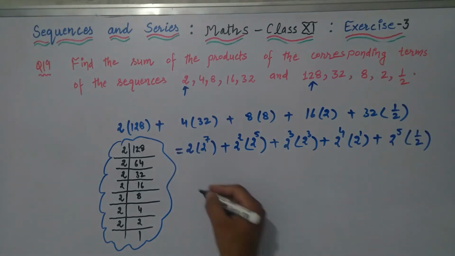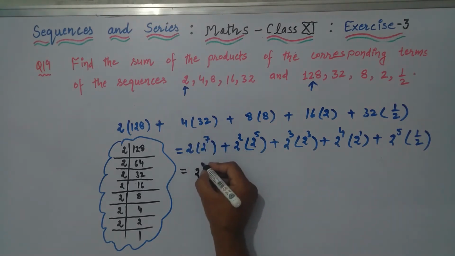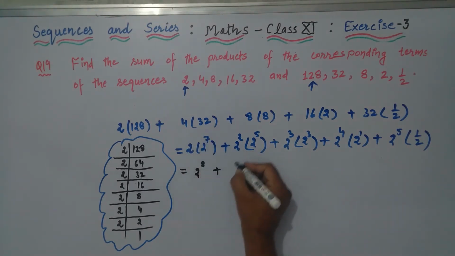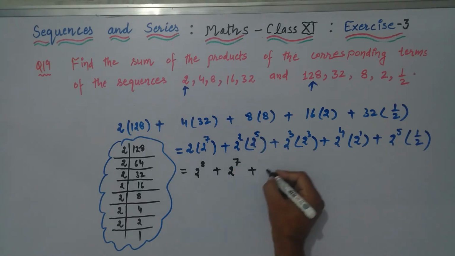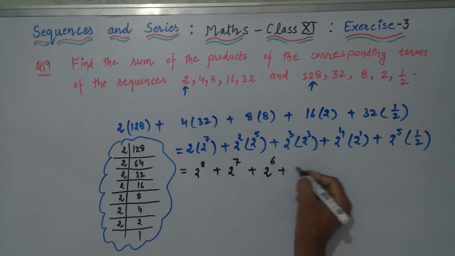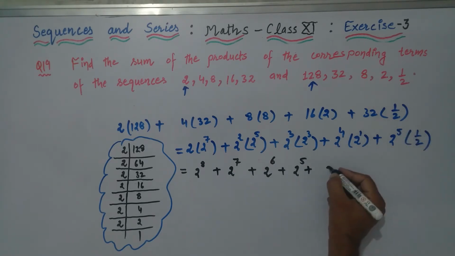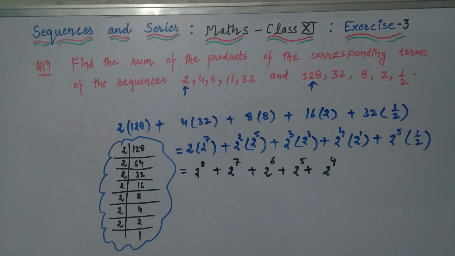So now this is equal to 2 raised to power 1 plus 7, that is 8, plus 2 raised to power 2 plus 5, that is 7, plus 2 raised to power 3 plus 3, that is 6, plus 2 raised to power 5 plus 2 raised to power 4, right?